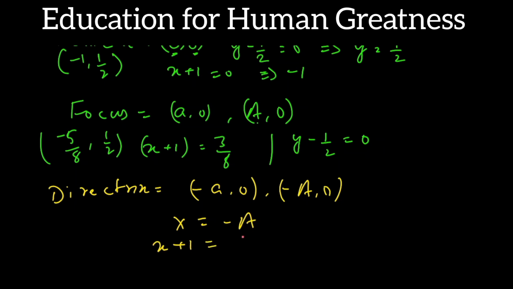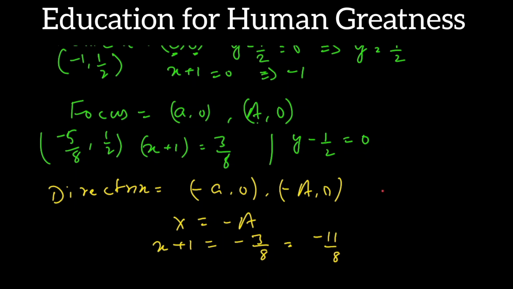A is 3/8, so we can calculate and get −11/8.